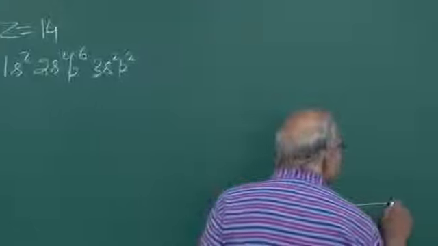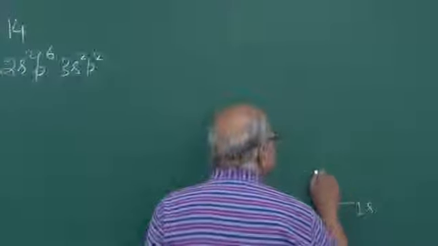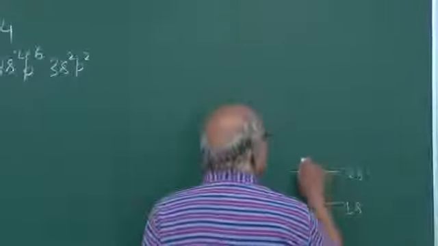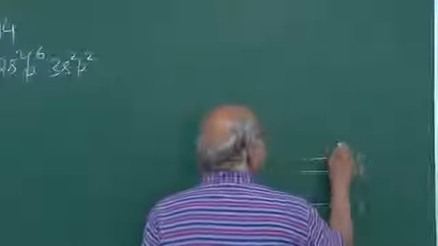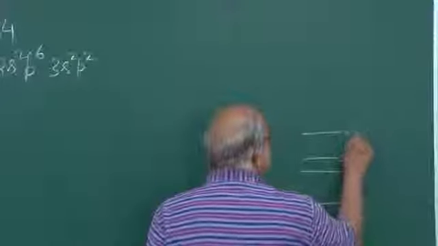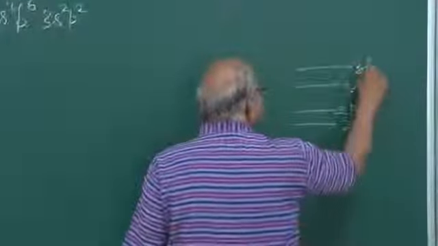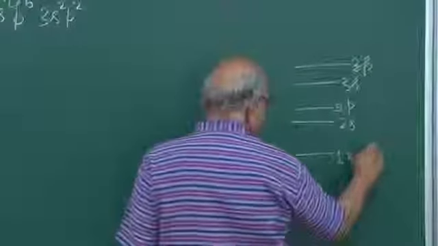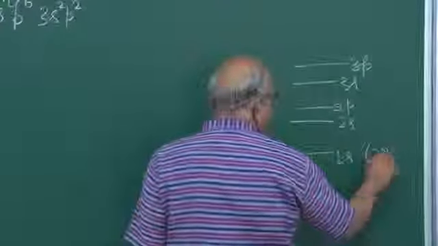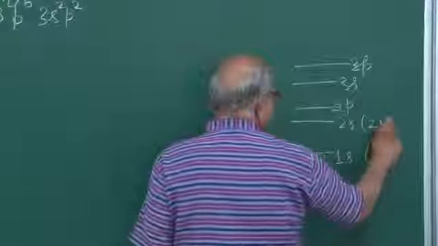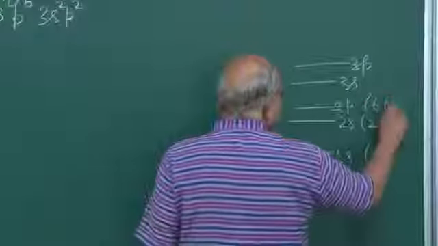You will have 1s, 2s, 2p, 3s, and 3p. Here you will have 2N quantum states, and 6N quantum states.